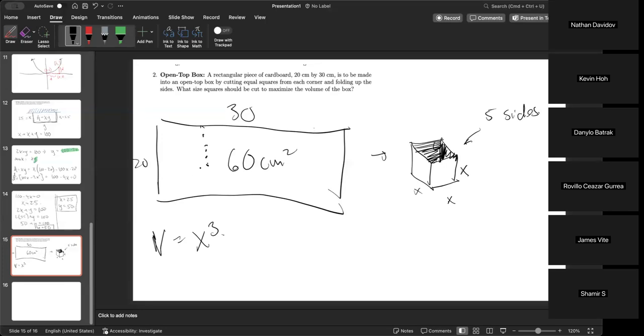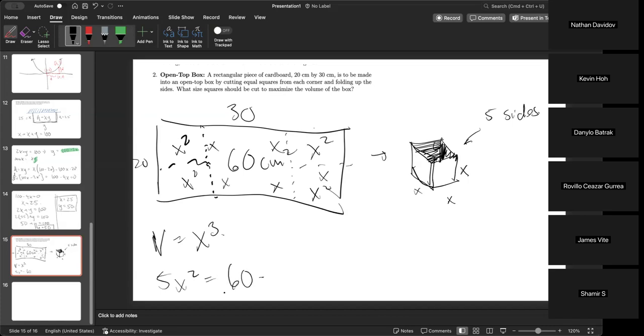So I'm going to cut this thing up into squares, into 5 equal squares. Each one of these is x squared. How many squares will I have? 5. So I know that 5x squared equals 60.